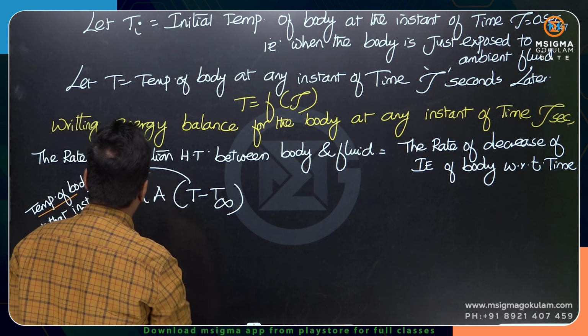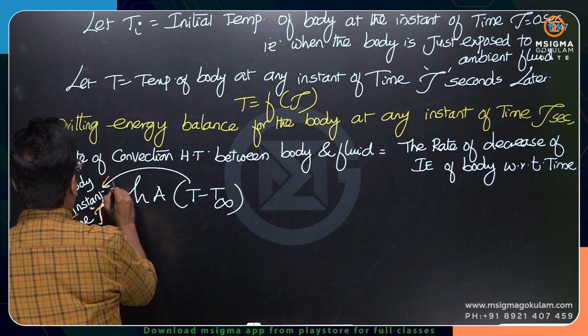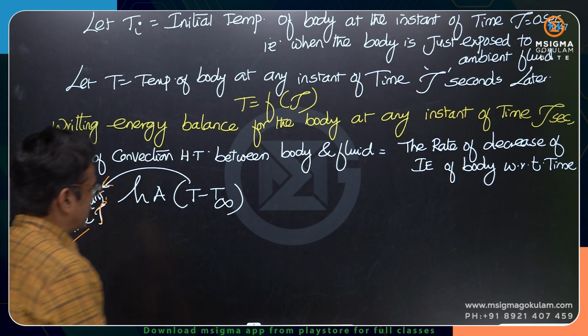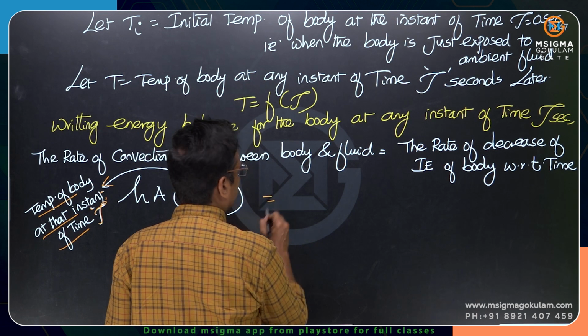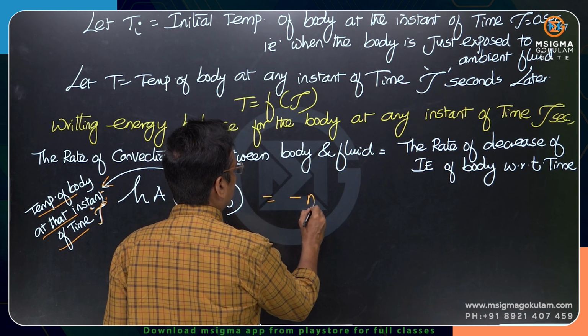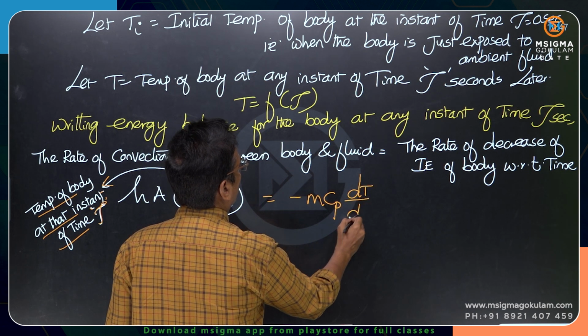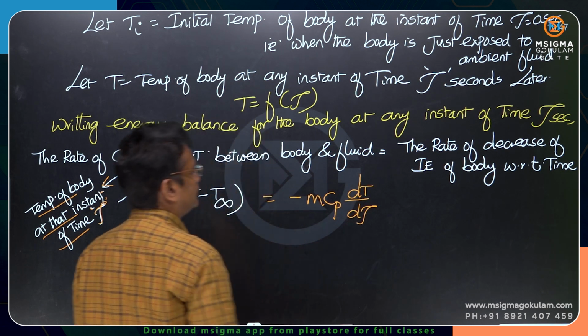A is the convection area. T is the temperature of the body at that instant of time, tau second. That should be equal to the rate of decrease, minus mCp dT by d tau.